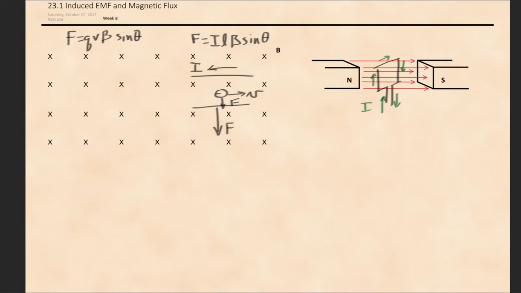You can go through the right-hand rule and figure out what the direction of the forces are on these segments. What you'll find is that this wire, if I put it on an axis, will want to rotate about that axis. This is the beginnings of building a motor.